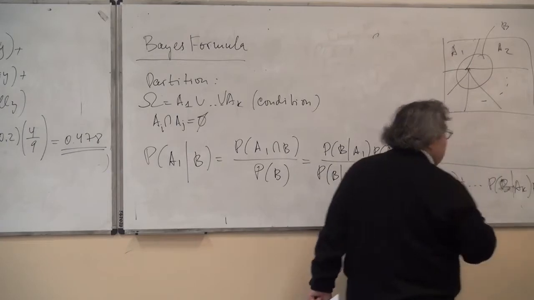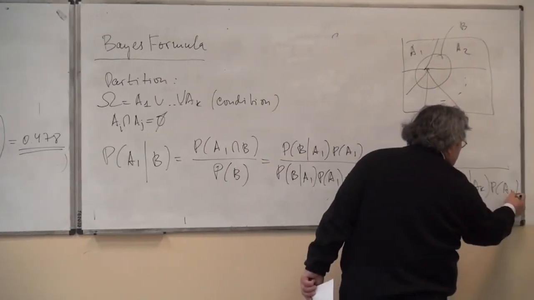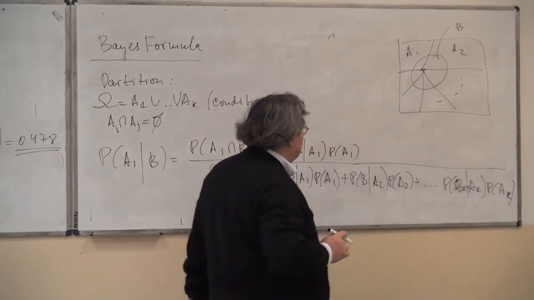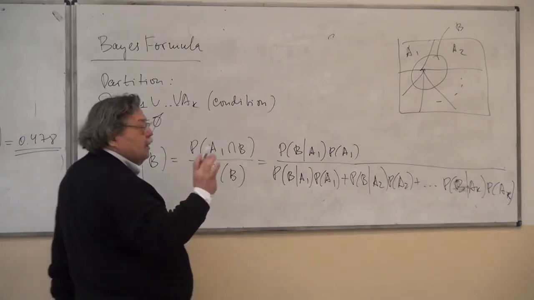Okay, it's kind of long, but please be patient and copy it in your notebooks because you're going to use it a lot. All right, now let's look at this again.